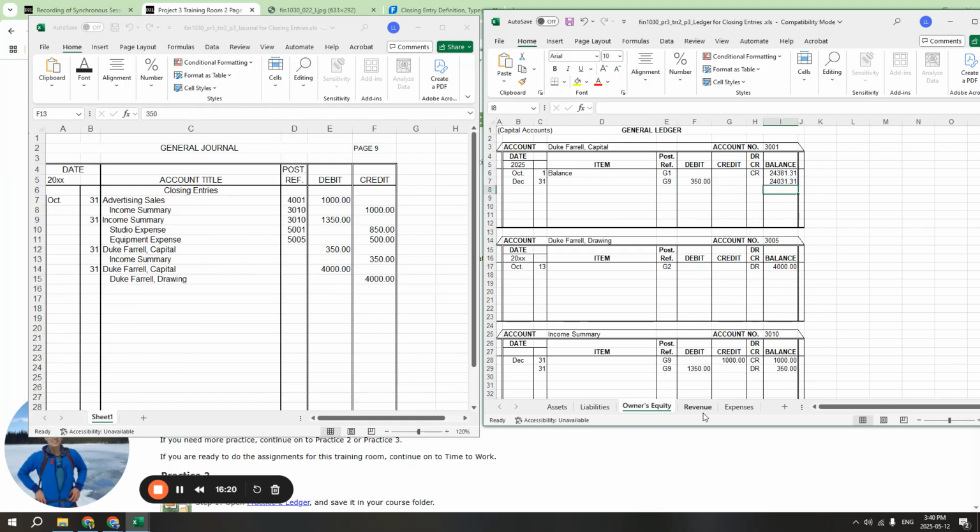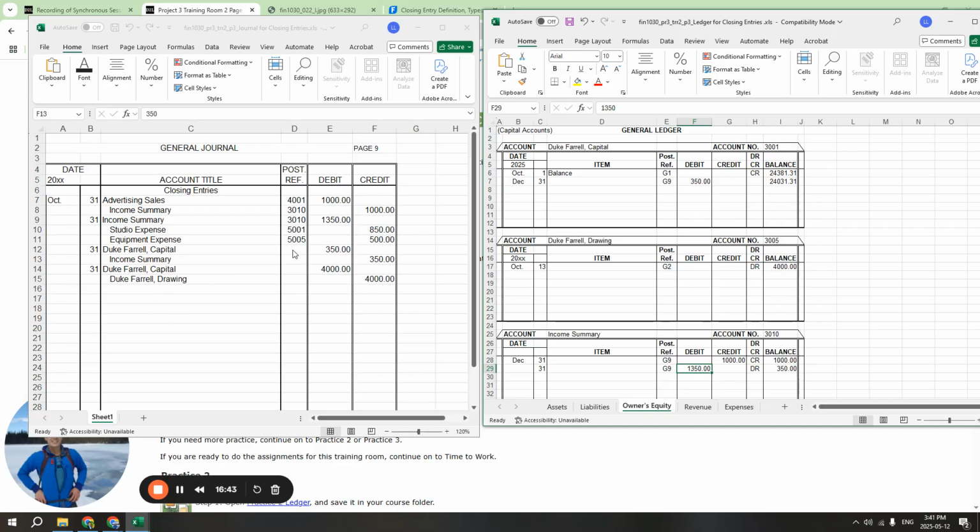Oh, you notice why we do this? Because we only had sales of $1,000 and we have expenses of $1,350. We were losing money, so we're going to subtract out Duke Farrell's capital. His capital went down by $350, unfortunately.